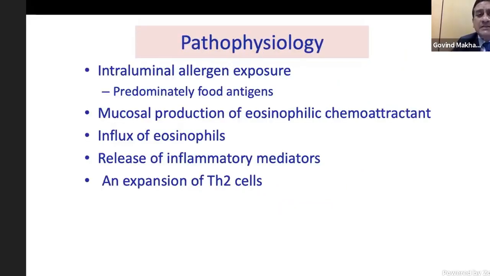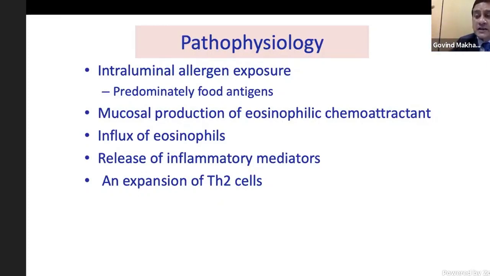So what really happens in this condition? There is some intraluminal allergen exposure, and here most likely it is the food antigen which we eat, that acts as an antigen in some patients who have a susceptibility to this disorder. That leads to mucosal production of eosinophilic chemoattractants in response to these antigens. Therefore, the eosinophils are attracted, or invited, from bone marrow.